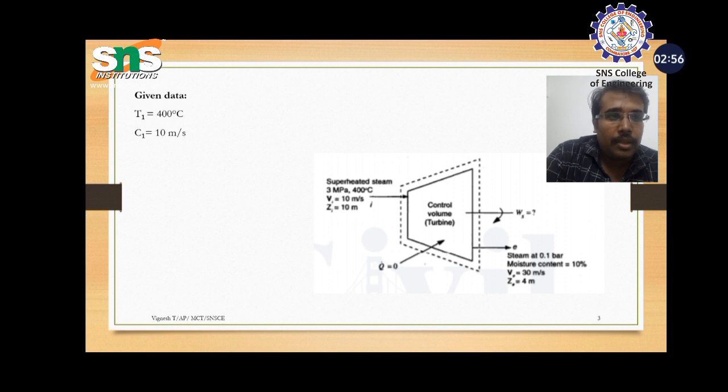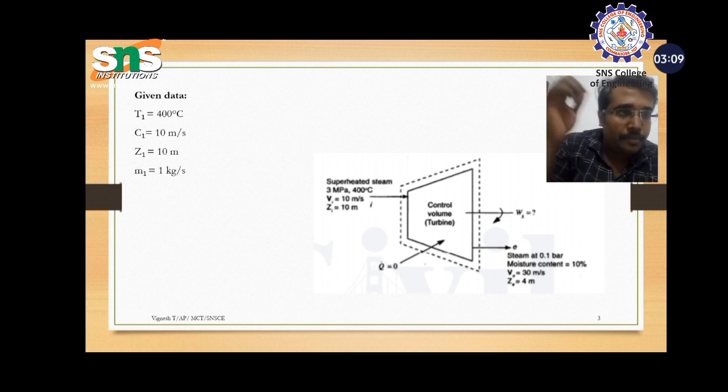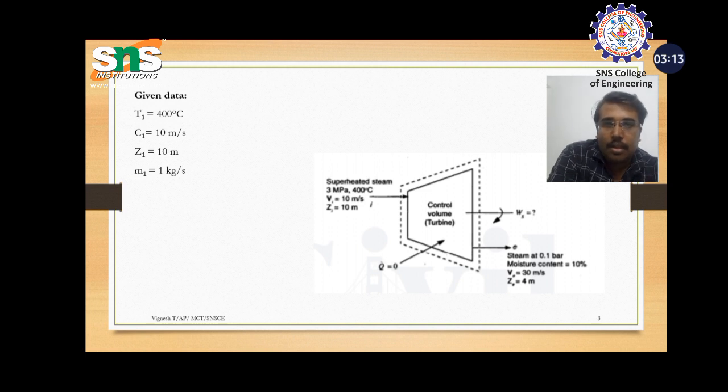So write down the given properties: T1 has been given, velocity has also been given, and potential energy, that is the elevation above ground level, has been given, and mass flow rate has been given. Pressure at the outlet has been given. So write down all these terms.